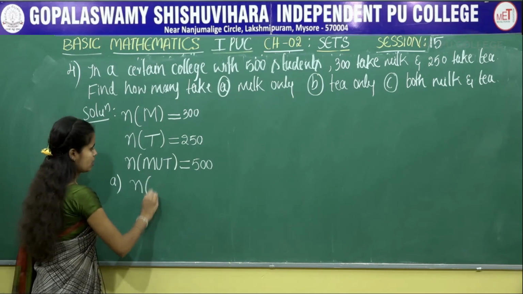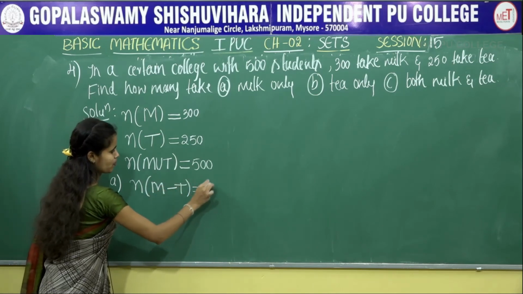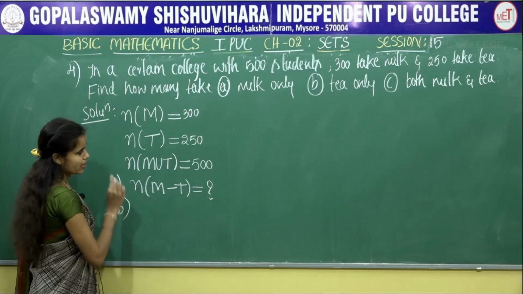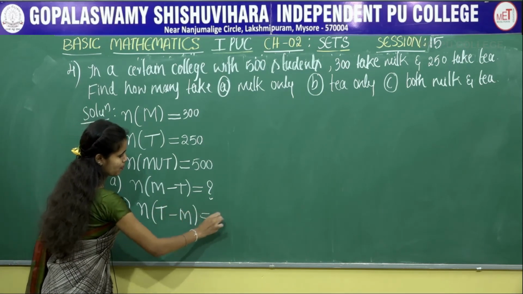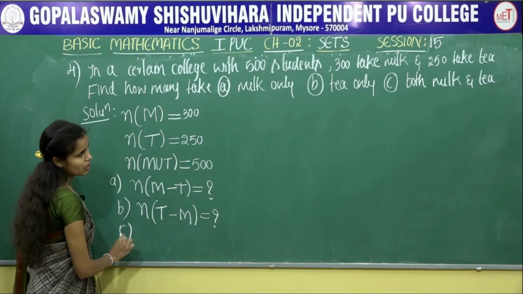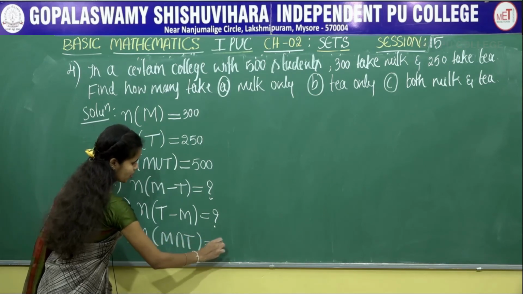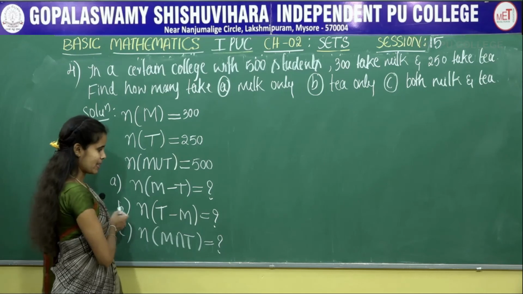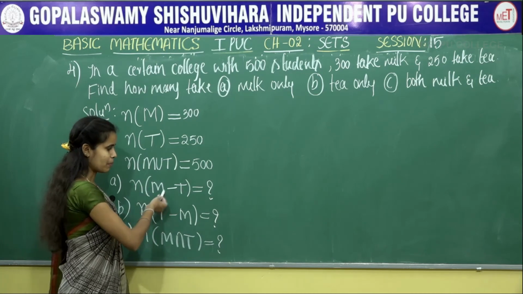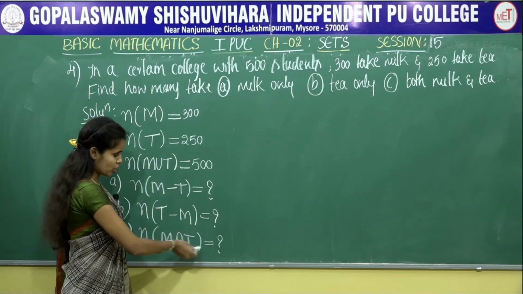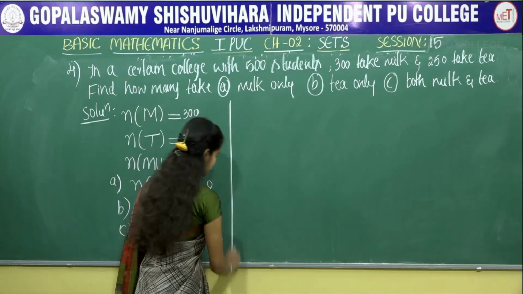Milk only means not tea, so milk only means M minus T. Second sub question, tea only means tea but not milk, that is T minus M. Sub question 3, both milk and tea means intersection of M and T. We know the formula: n of M minus T means n of M minus n of M intersection T. So to find n of M minus T, we want M intersection T. So first find n of M intersection T using these three conditions.